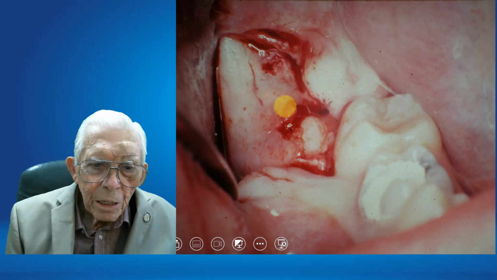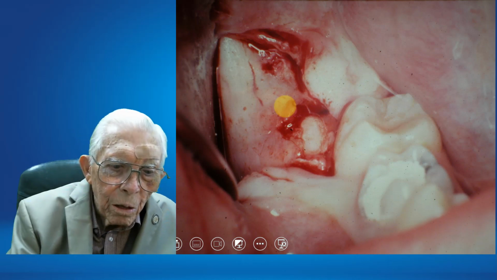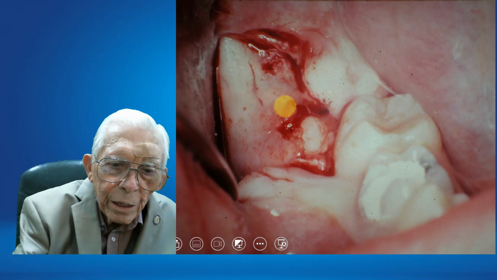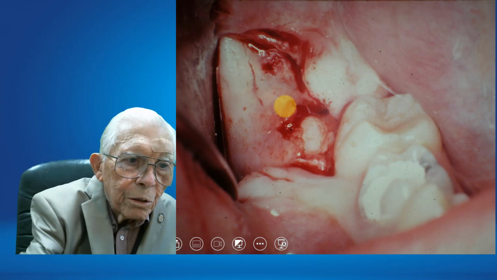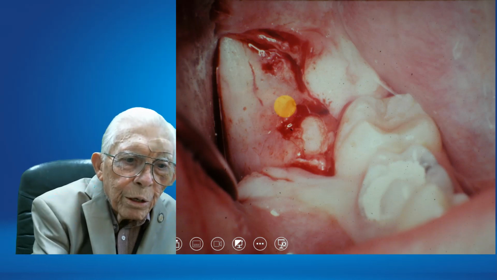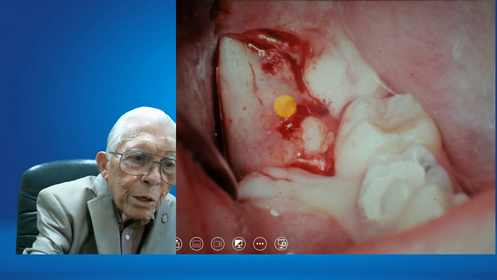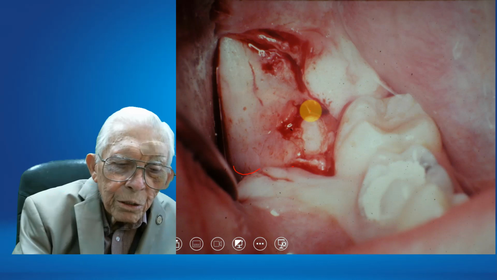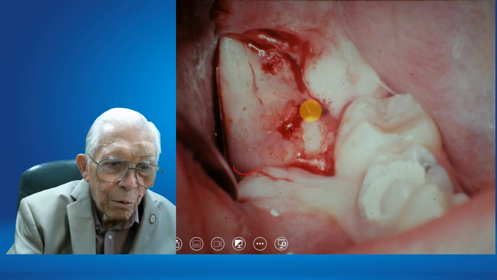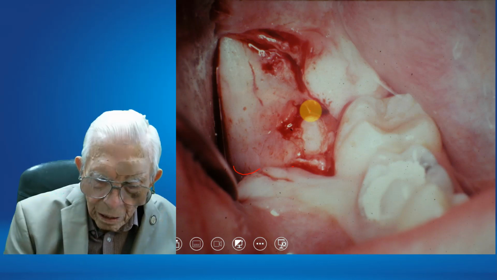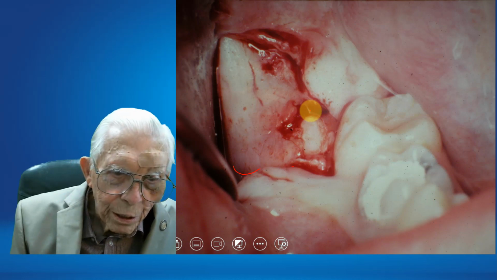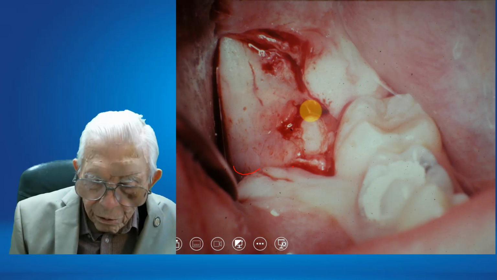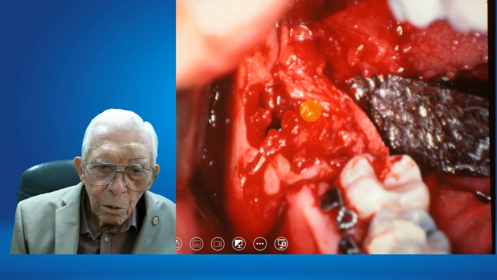Now, the old surgeon laid a flap back here, just took the tissue back and put it down here. Then he went in and cut the top off of the cyst, the top of the area where the cyst was. Now this is kind of a bloody, gory looking thing, but here we go.